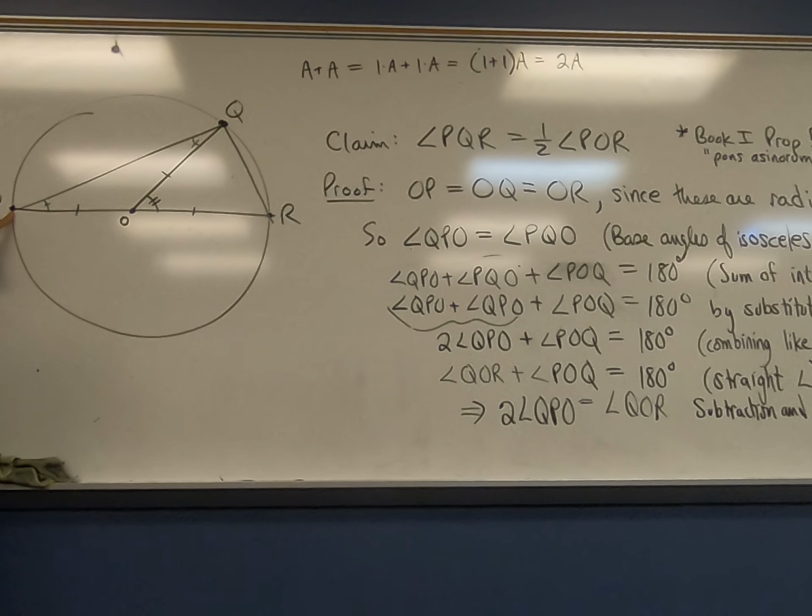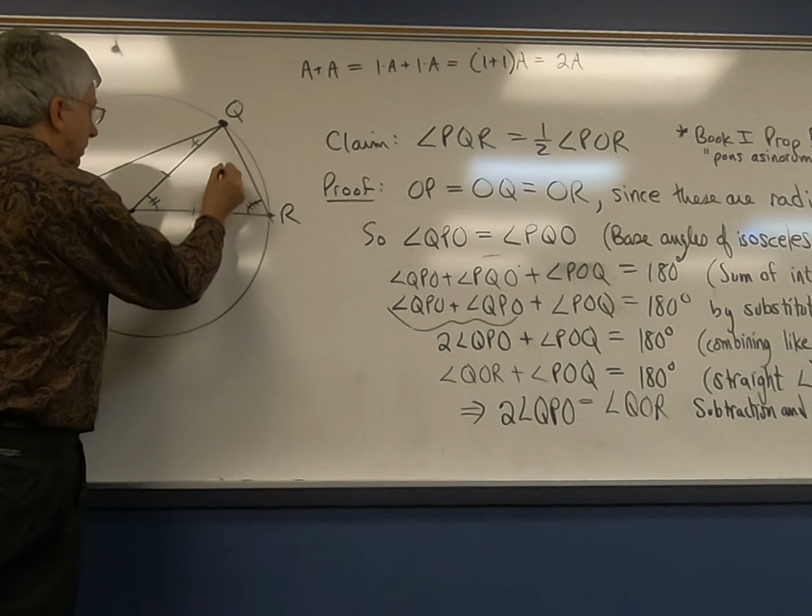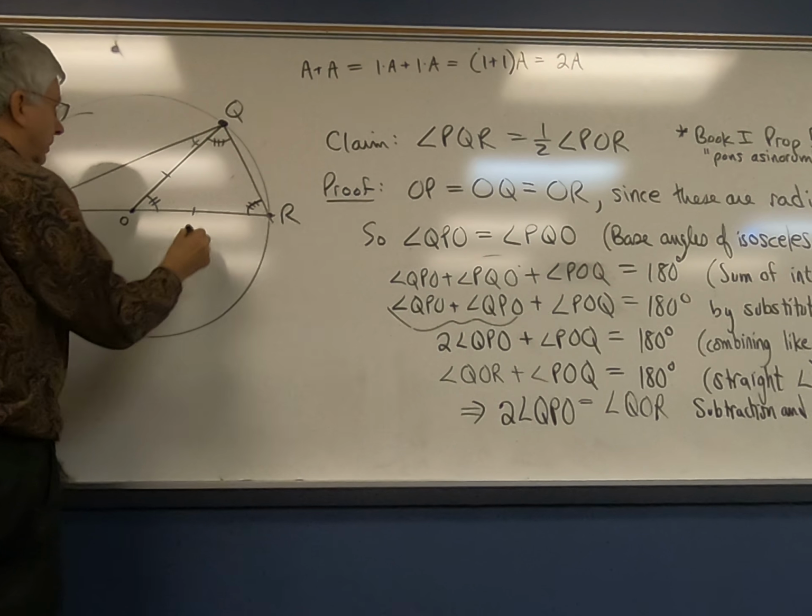Oh, okay. But that's not what I wanted to show. So QPO and PQO are the same. So how do I get what I want from this? Well, I could say these angles are the same. They're different angles from the other ones.